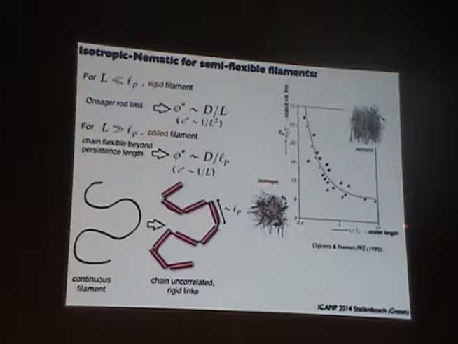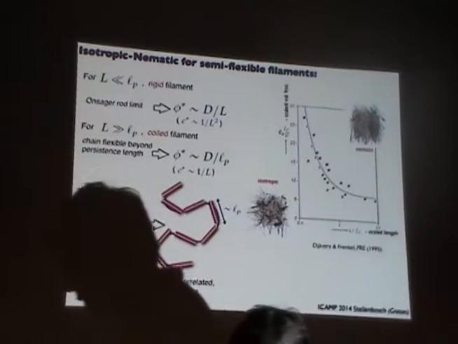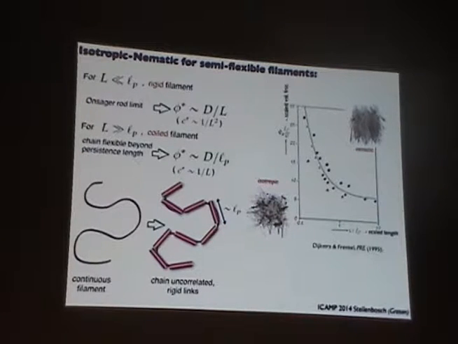And so what I want you to take away from this is that if you sit at a fixed concentration and increase L, you're going to increase the tendency to form a nematic phase. That's because the rods are longer, so they're more likely to impinge upon one another. But at the same time, if you sit at fixed density, fixed total length, and you increase the persistence length, you also increase the tendency to form the nematic phase.